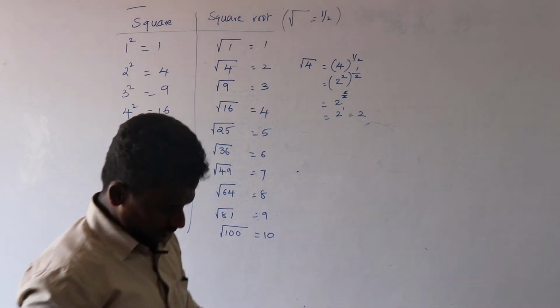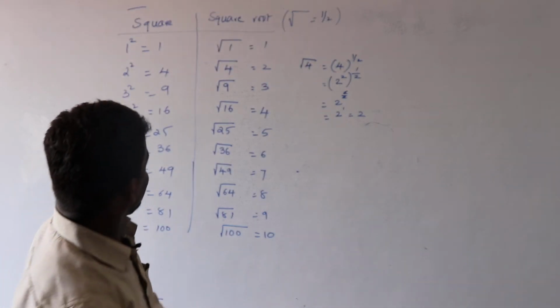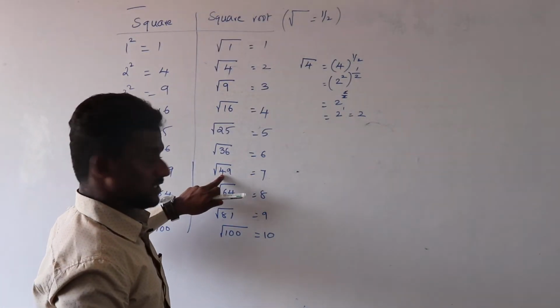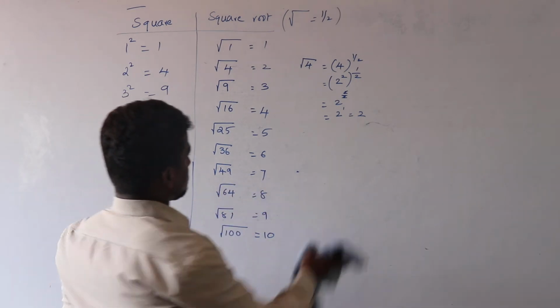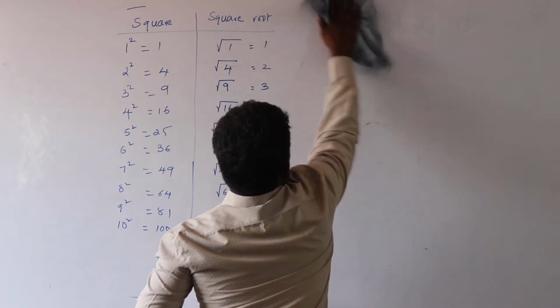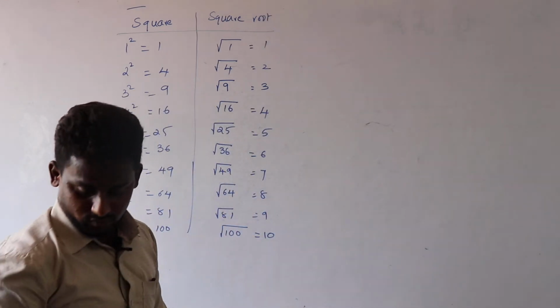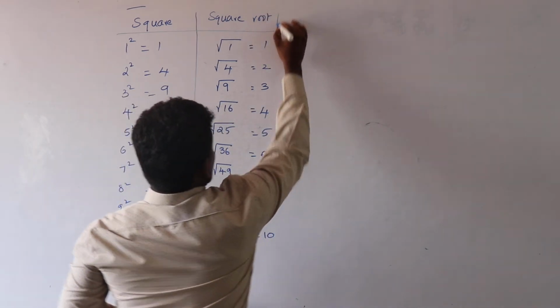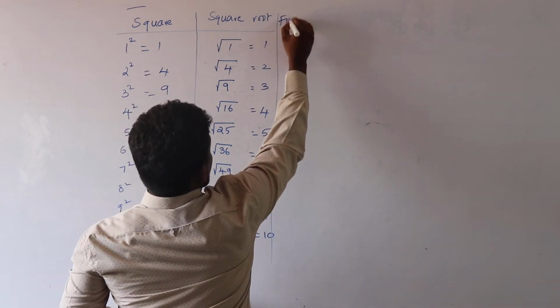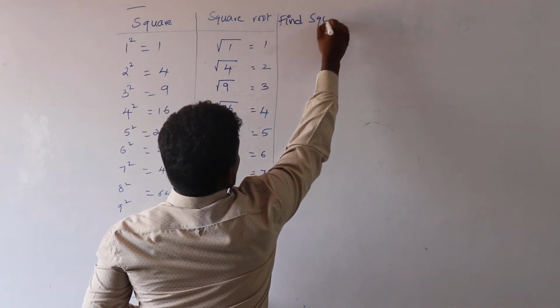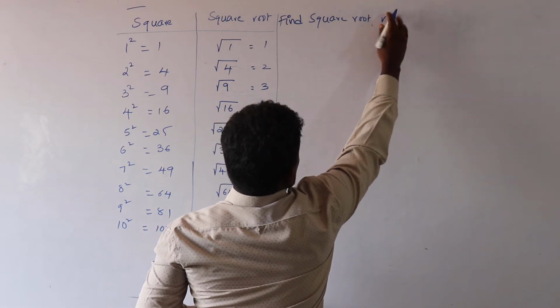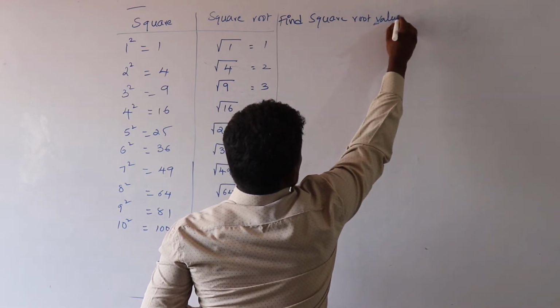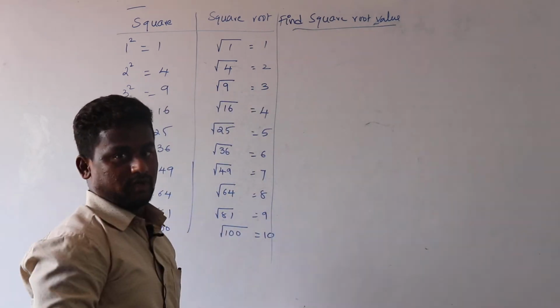Now how to get these values? Whenever a value is given, how do we find its square root? To find a square root, we have 2 methods.